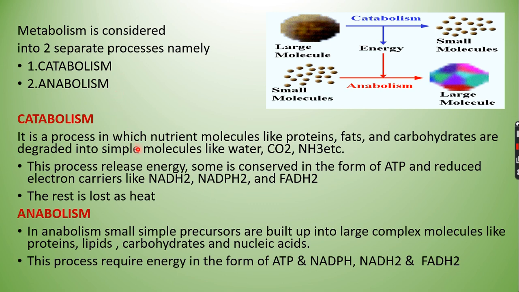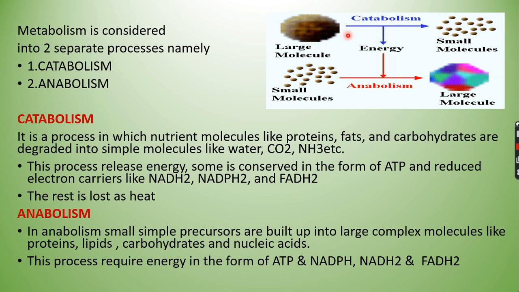So, what is catabolism? What is anabolism? Catabolism is a process in which nutrient molecules like proteins, fats and carbohydrates are degraded into simple molecules like water, carbon dioxide, ammonia, etc. In this process, energy is released.